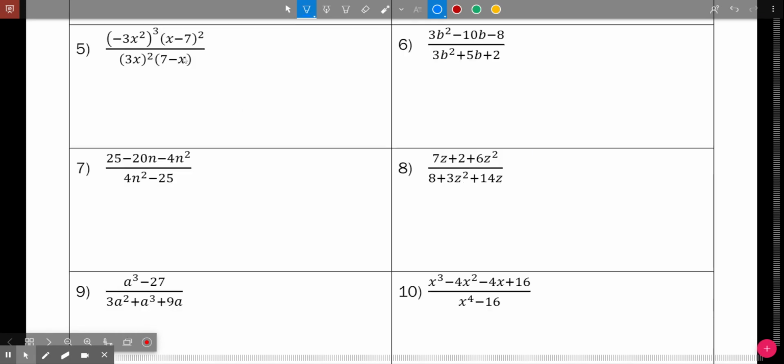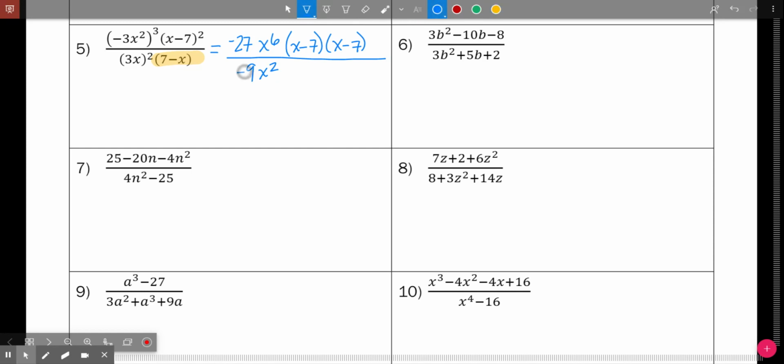In number 5, if we apply our powers, I have negative 27 x to the 6th times x minus 7 times x minus 7. On the bottom, I have 9x squared, and here's another factor out the negative.